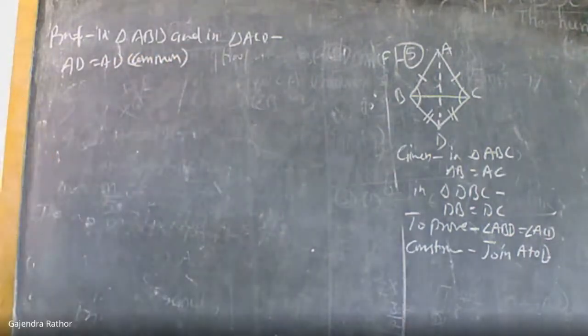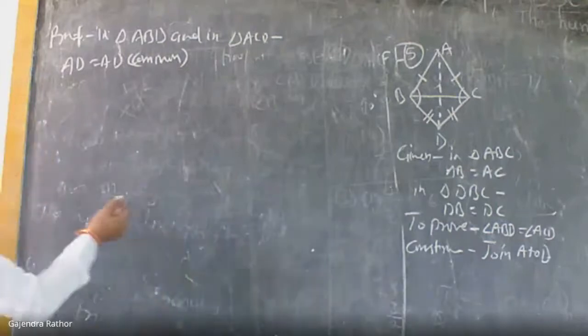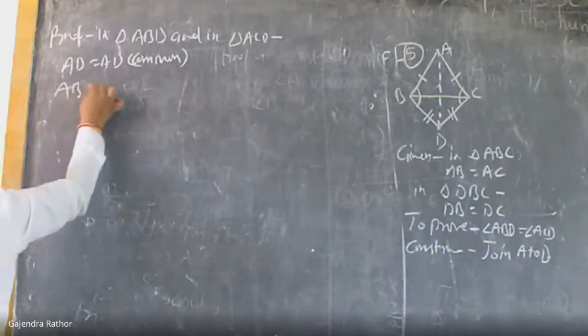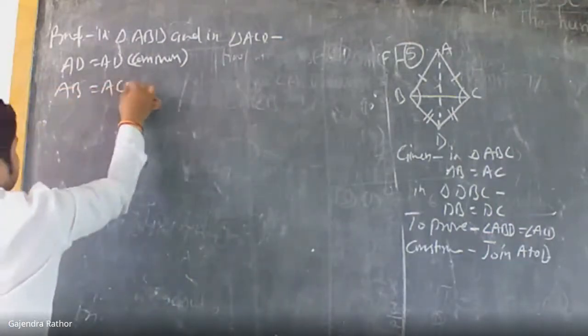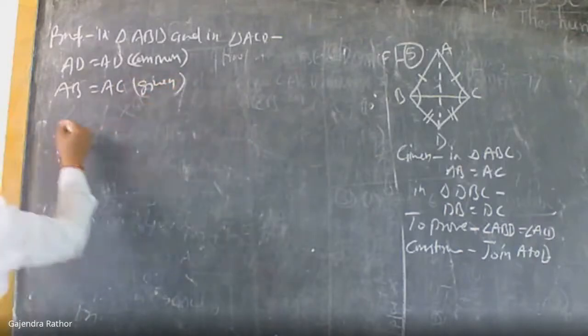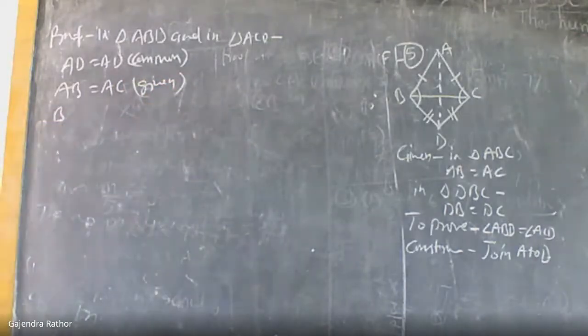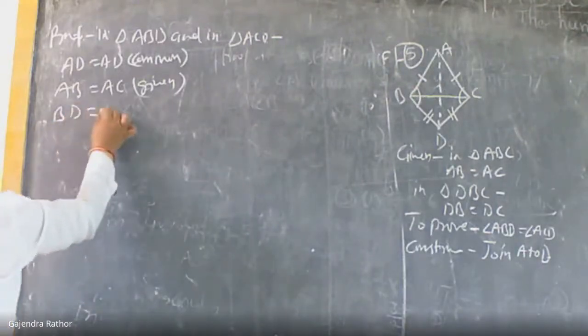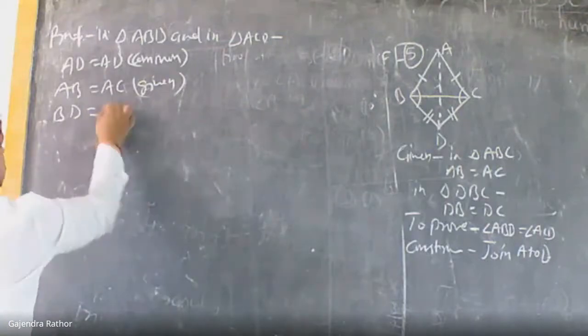Second part, AB is equal to AC, which is given. Next part, BD is equal to CD. It is also given.